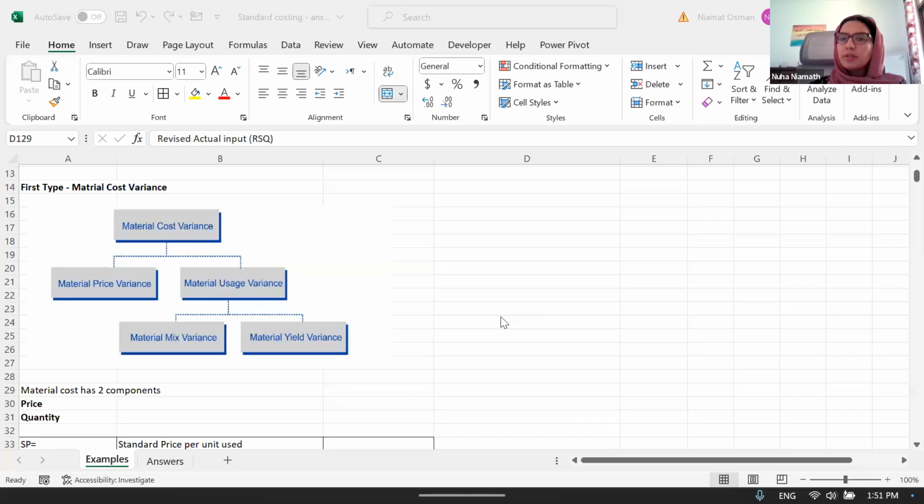Material price variance, everybody. SQSP minus AQSP. Khatija, this one you have answered for price variance.